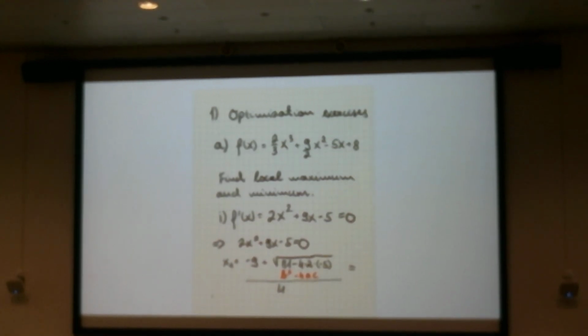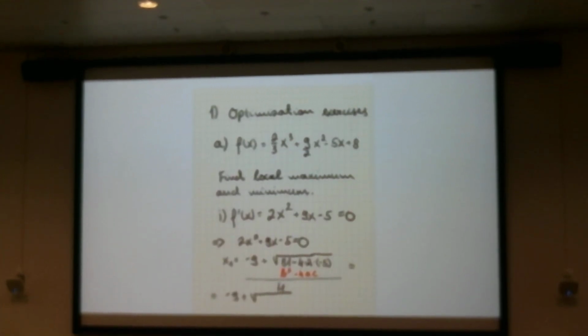Which means I have minus 9 plus the square root of 81 plus 40, because I have minus here and minus here, so the minus turns into plus. So 81 plus 40 is 121, and I will divide it by 4.